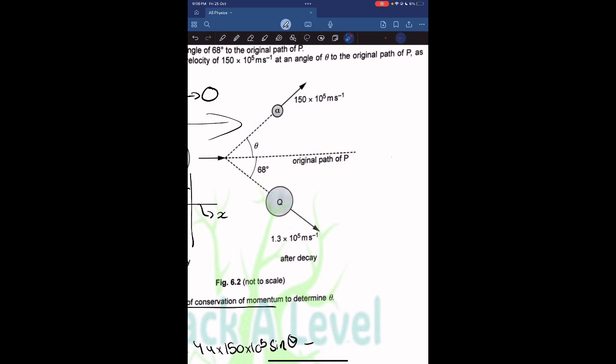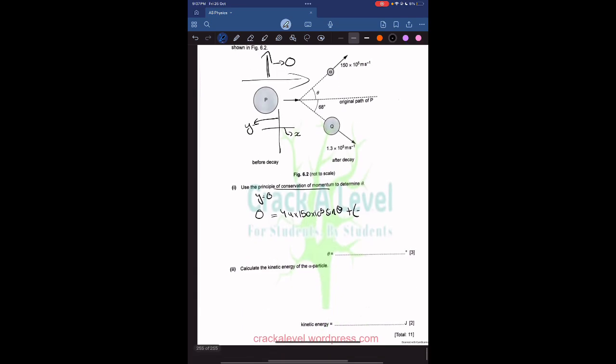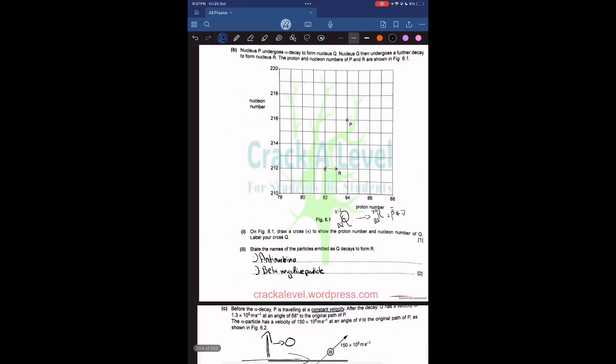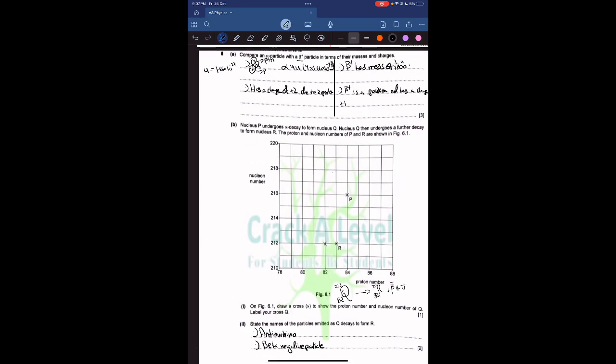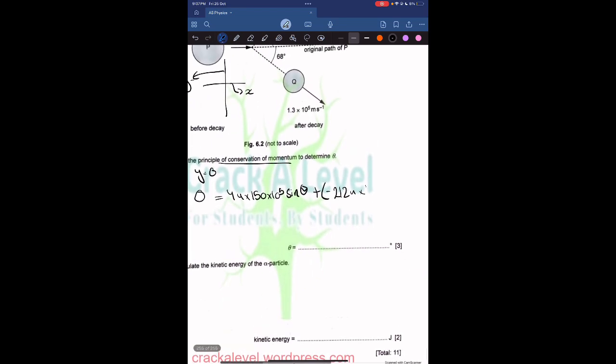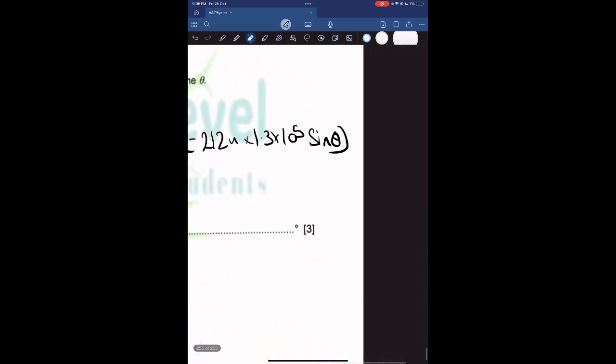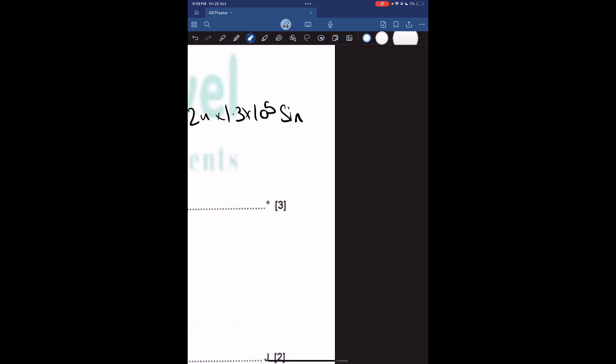Since nucleus P had a mass of 216, it is going to be 212u into 1.3 × 10^5 sine. It's not sine theta, they have told us the angle, that's 68.